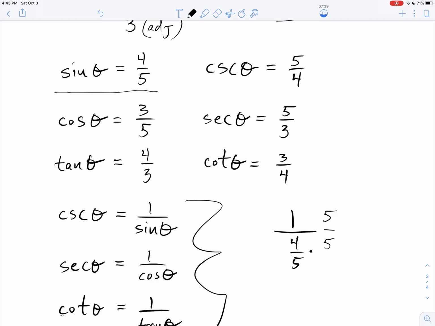I'm multiplying by 5/5. That's 1. What would I get if I multiplied top and bottom by 5? Well, in the top I'd get 5, and the bottom I'd get 4. So when I say find the reciprocal, the shortcut way of doing that is just to invert it, or flip it over. Flip it over, right?